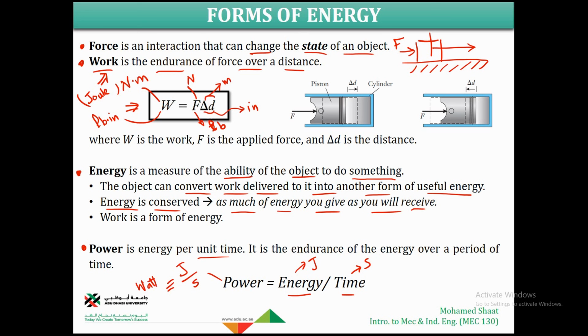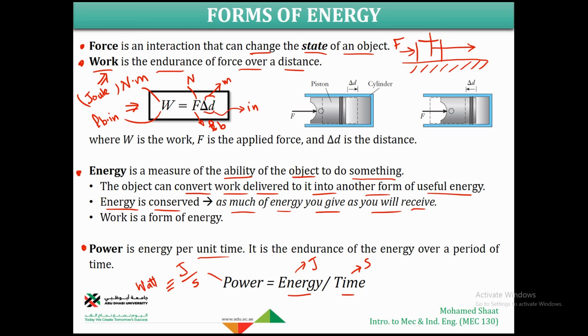So how much energy can be delivered in a unit of time, and somehow we could use it to measure the ability of the system to give energy for a period of time. This is also related to power. So power is a measure of the energy in relation to time, but energy is the measure of the force in relation to the distance.